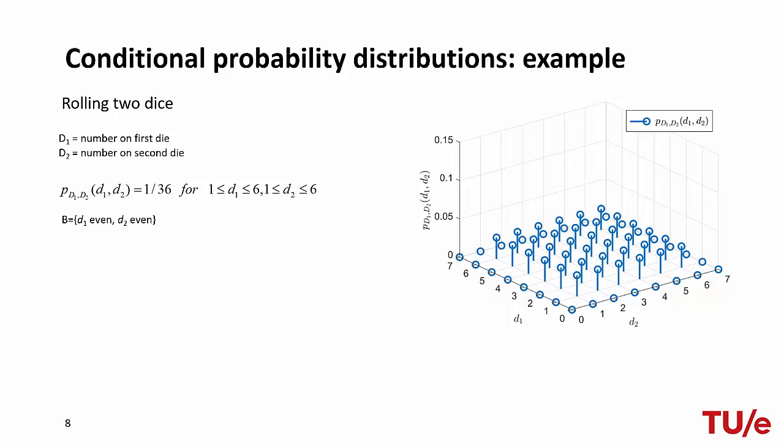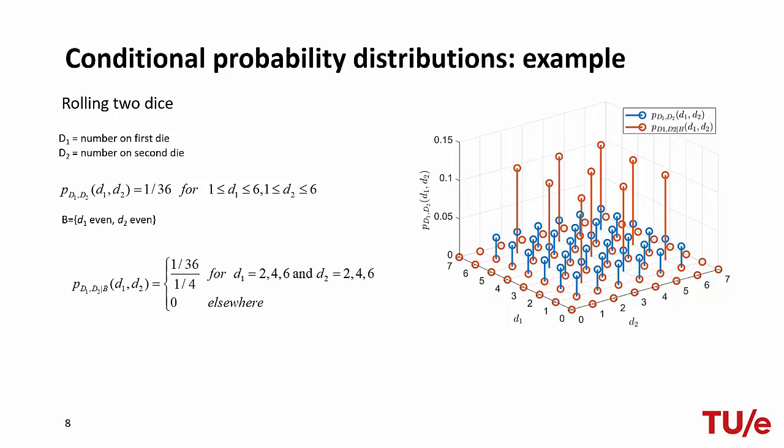Now we can apply this to the example of rolling two dice. Suppose we define the event set B as d1 even and d2 even. If we know that the outcome can only be found in this event set B, we can calculate the joint PMF of x and y given B. As shown in the plot and in the formula, this is simply obtained by setting to 0 any d1 and d2 outside the event set and normalizing by the probability of B the joint PMF for any d1 and d2 in B. Since there are now 9 out of 36 possible outcomes for which d1 and d2 are both even, the probability of B is easily obtained as 1 over 4.